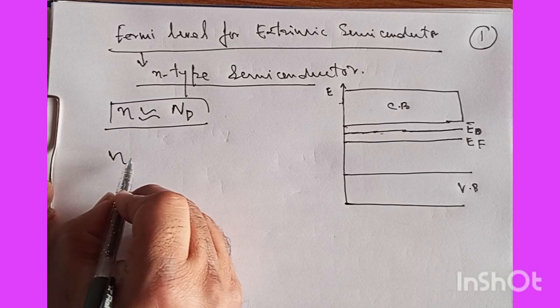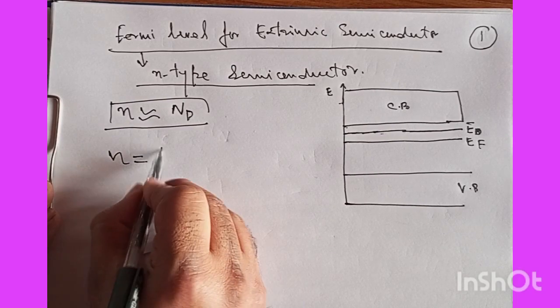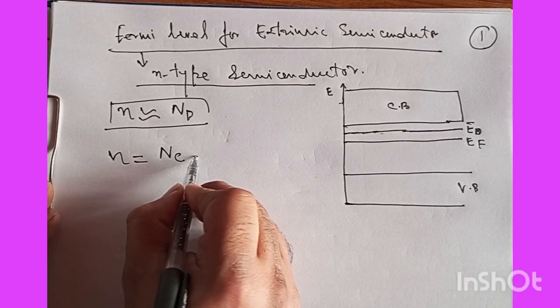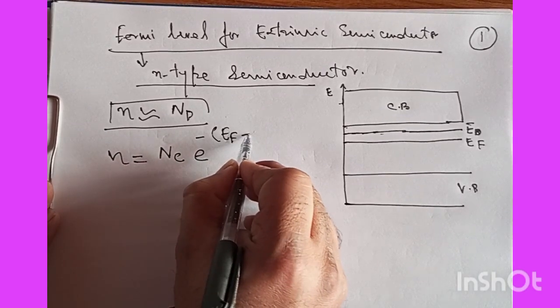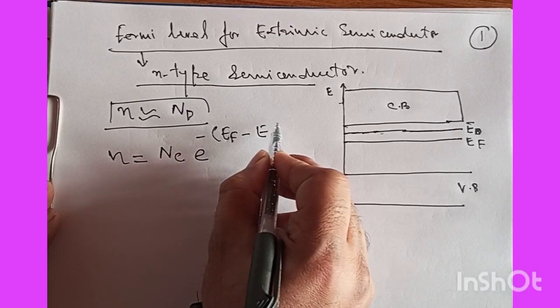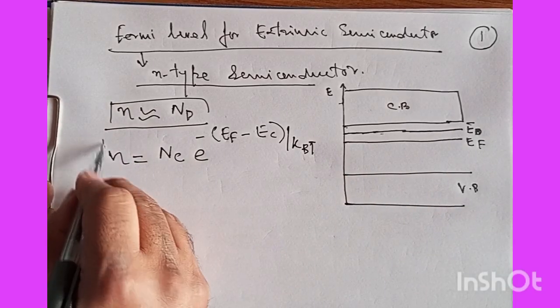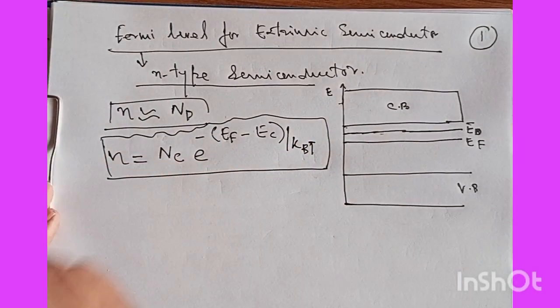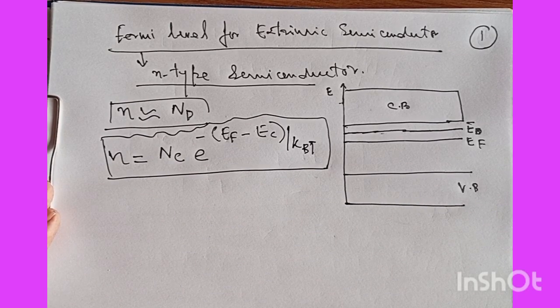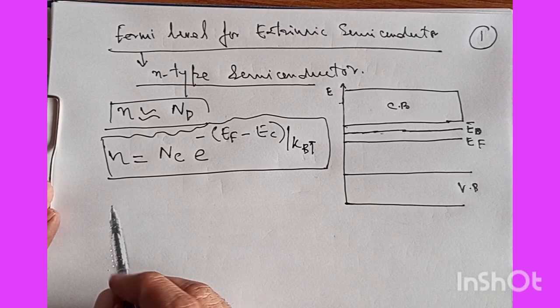If I take n as the number density, this is Nc e to the power of minus (EF minus EC) divided by kBT. We already understand that this equation comes from Fermi-Dirac statistics. This gives us the occupancy of the electrons.